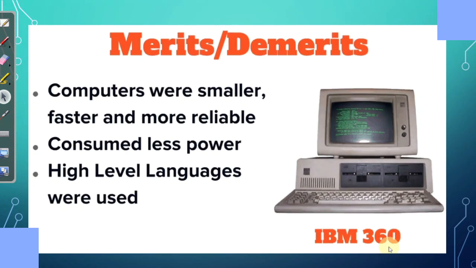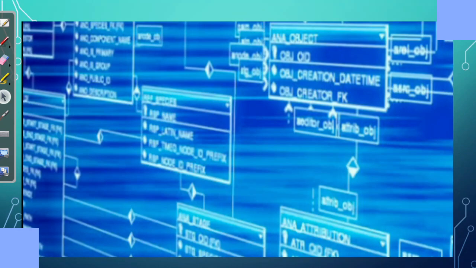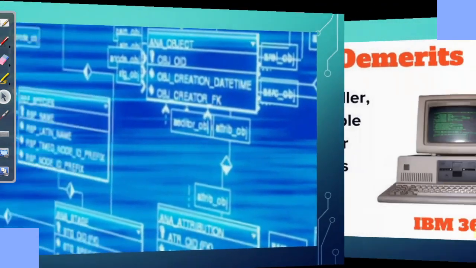Here the computers are smaller, faster and more reliable. It consumes less power, and high level languages were used. IBM 360 is the model of this computer. It will not have a separate keyboard or mouse. So this is the third generation computer, and these are all the coding parts, how the data gets accessed in the third generation.